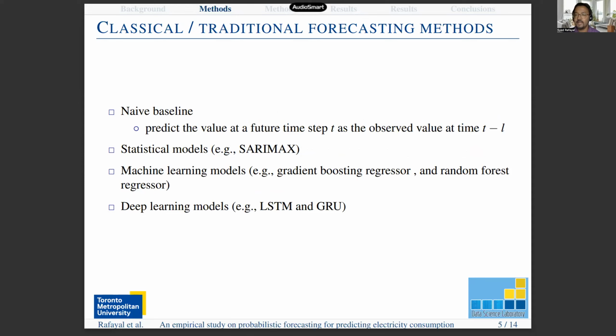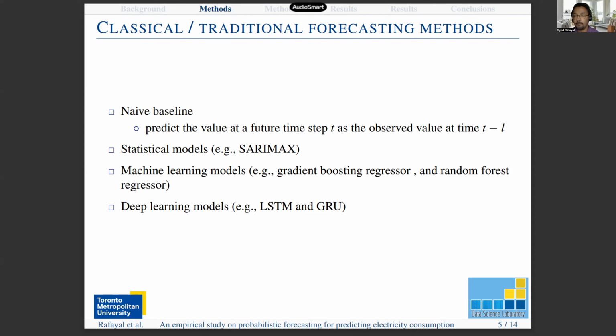We consider various classical methods as well as complex architectures for our study. As a naive baseline, we considered the lag value as the predicted value at the future time step. We use a seasonal autoregressive integrated moving average with exogenous variables, SARIMAX, as a representative statistical forecasting method.